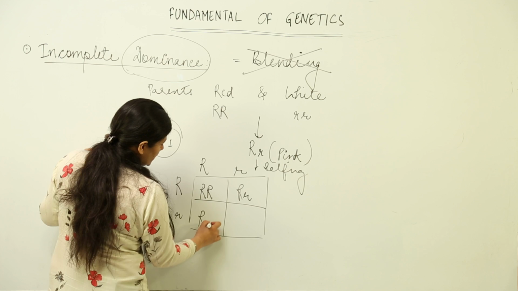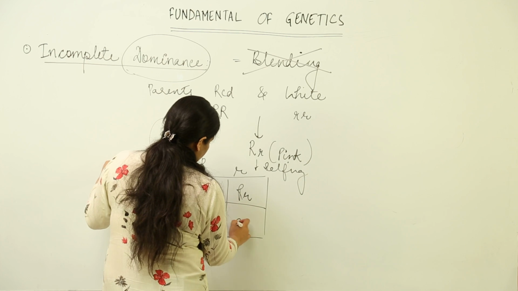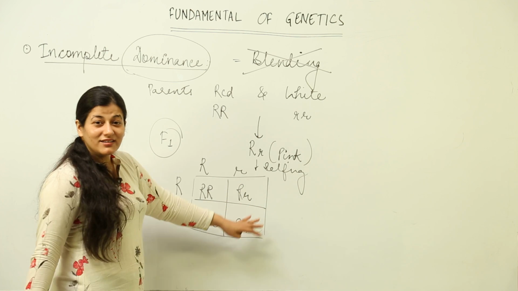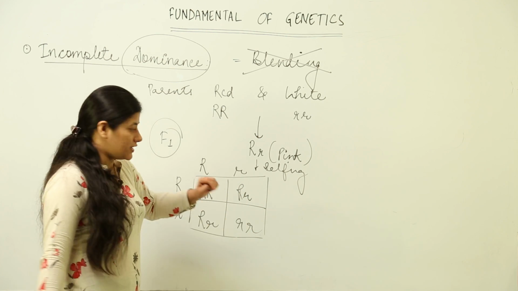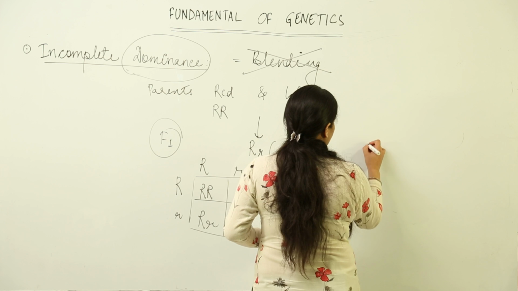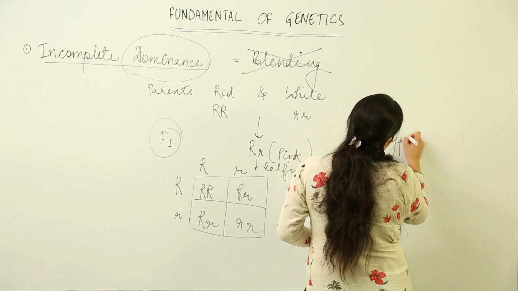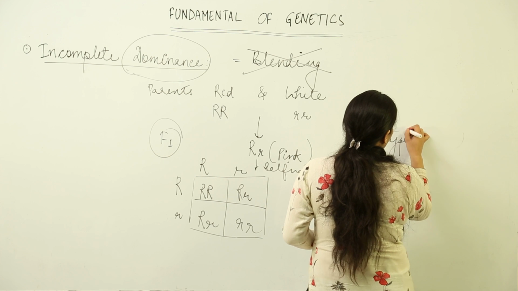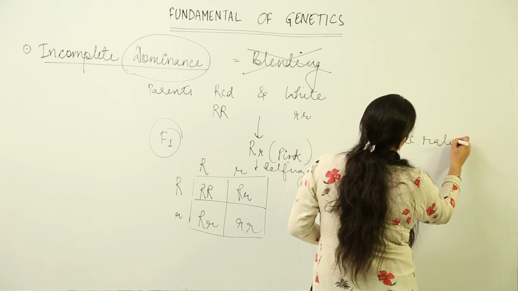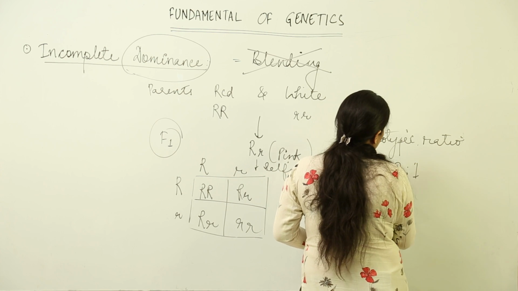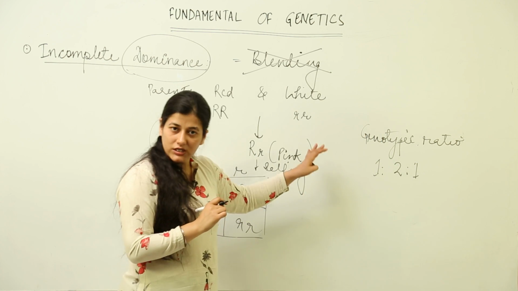And as you know, this is a similar cross that we have in tall plant and dwarf plant. It is almost similar. We get the same genotype. So the genotypic ratio that we have is 1:2:1, similar to the crosses that we did earlier.